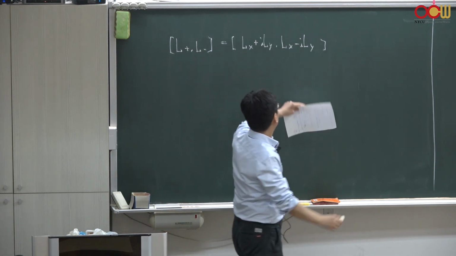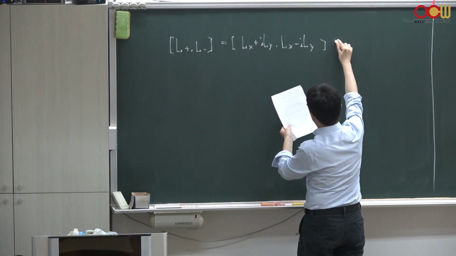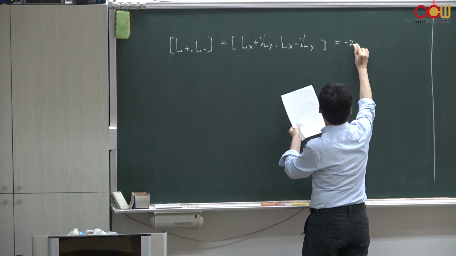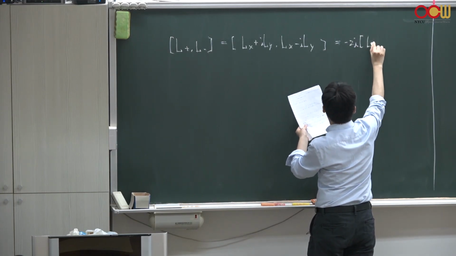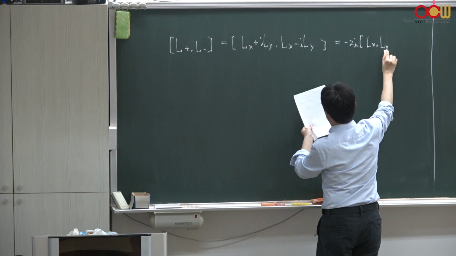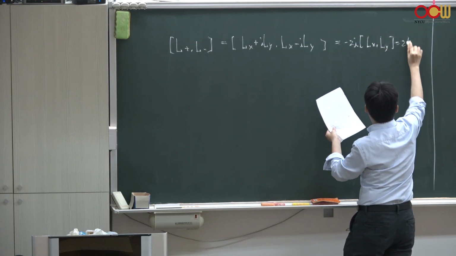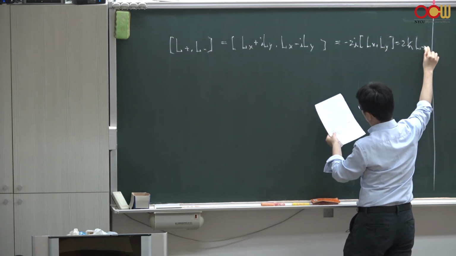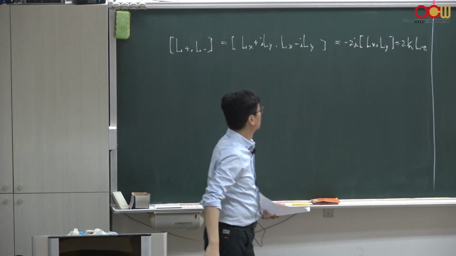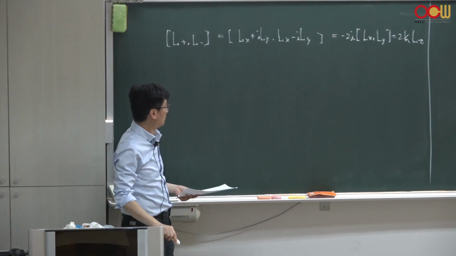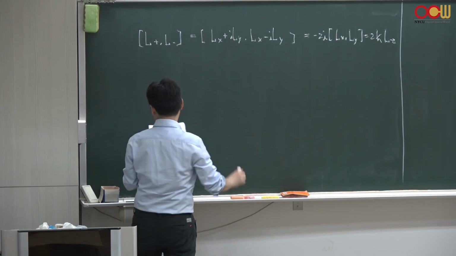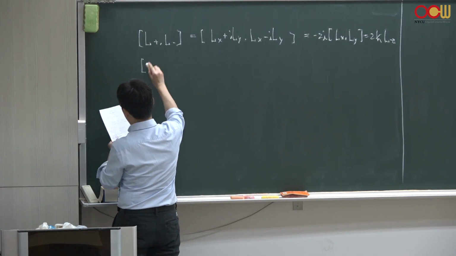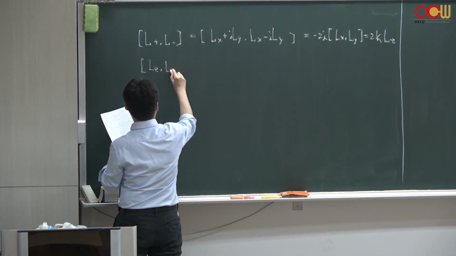So this is a simple task, and it is given by 2 h bar Lz. Good. So what about the commutator between Lz and L plus minus?